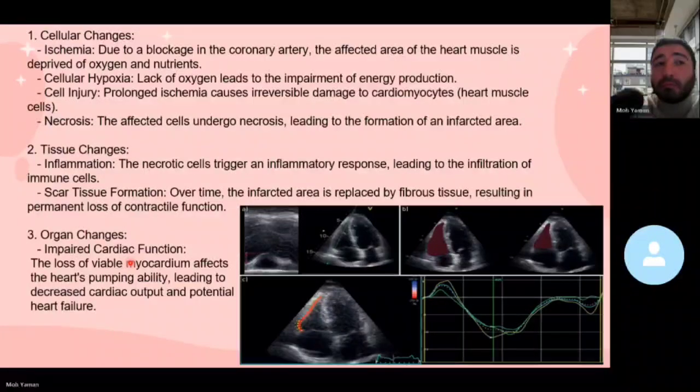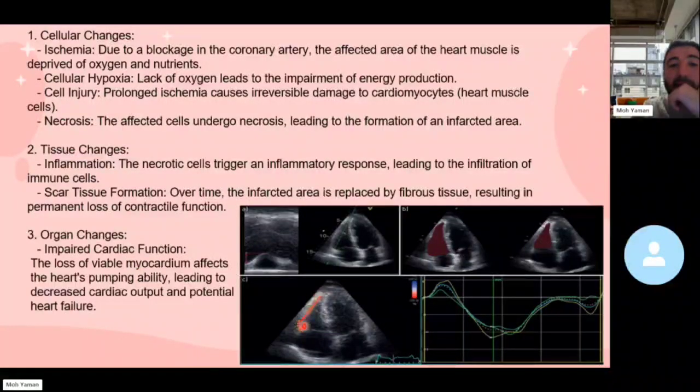As well, we can see cellular change. In this case, even after death, or sometimes it will be very clear on the ultrasound, especially 3D ultrasound, especially for ischemia. In this case, we can see the coronary artery, and there is a lack here in the great veins, sinus veins.